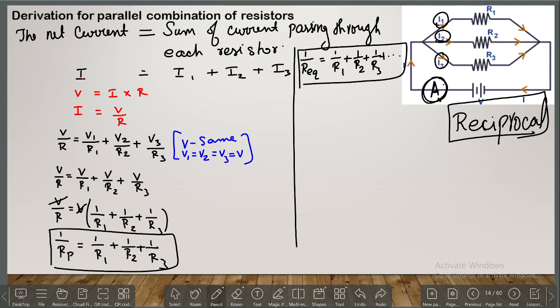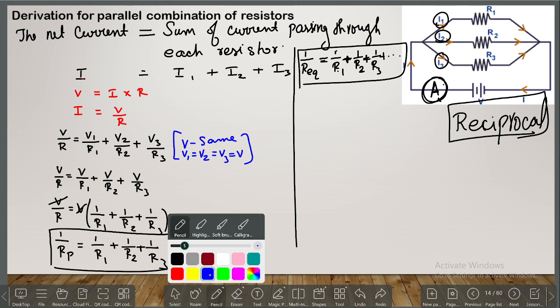For series they will use the word sum, for parallel they will use the word reciprocal. So the reciprocal of net resistance will be equal to the sum of reciprocal of resistance of each resistor. Clear?